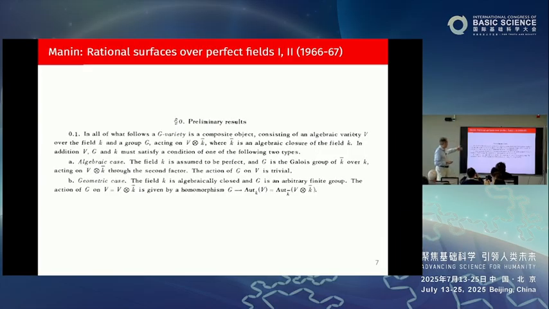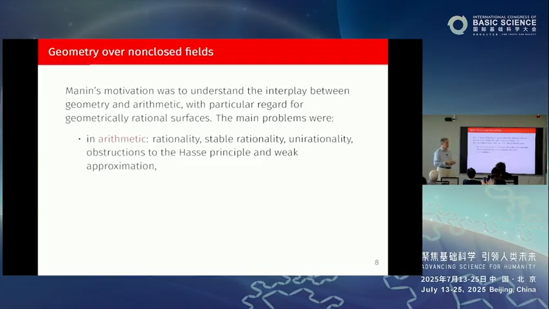He writes about the algebraic case and the geometric case. His main motivation was to understand birational geometry of Del Pezzo surfaces over non-closed fields, with applications to questions in arithmetic, the Hasse principle, weak approximation, unirationality, and things like this.